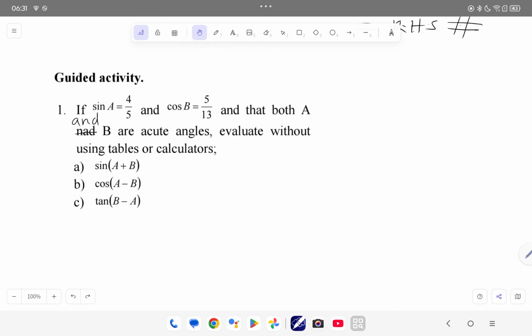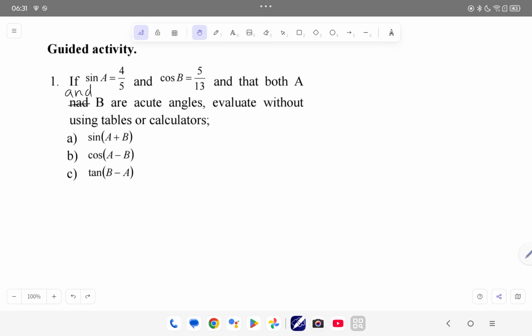It means that even before we begin the expansion, we must first look for cos A because we shall need it. We shall look for sin B because we shall need it. We shall look for tan A and tan B.